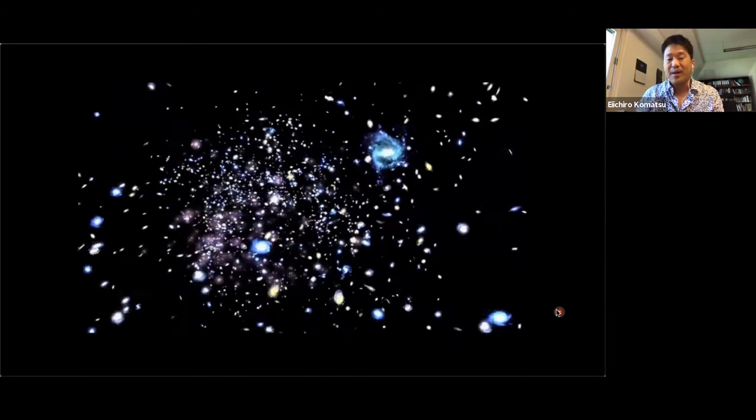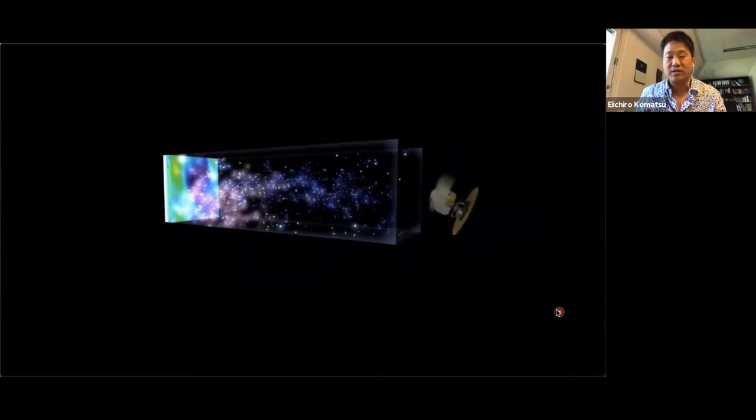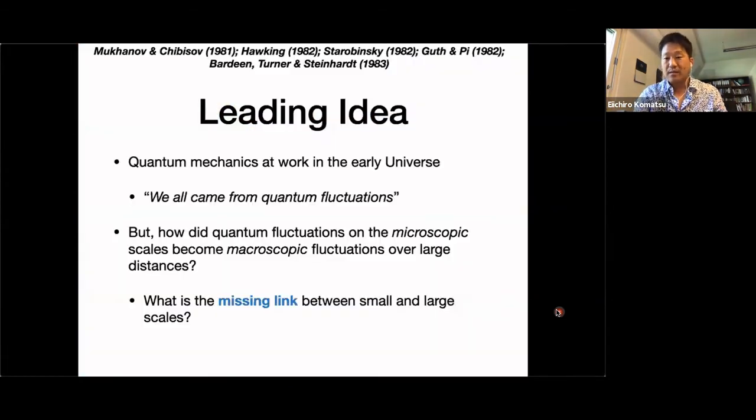But the ultimate origin is these cosmic microwave background fluctuations. But then you ask, where do these cosmic microwave background fluctuations come from? What generated the initial fluctuations? So the leading idea is a quantum fluctuation in the early universe.